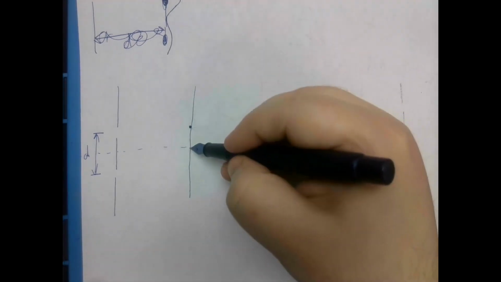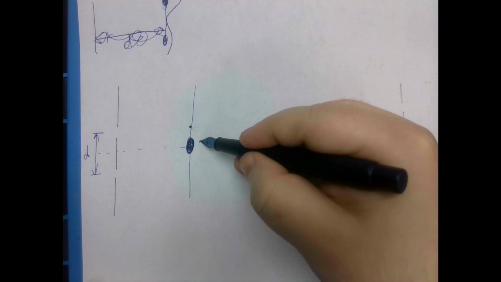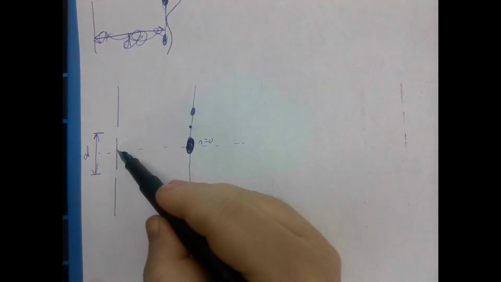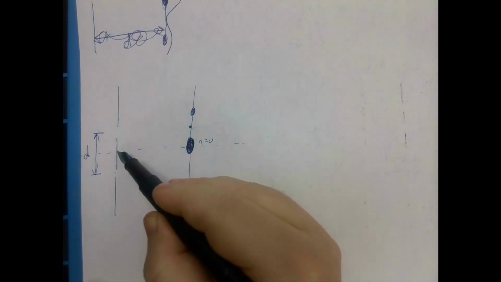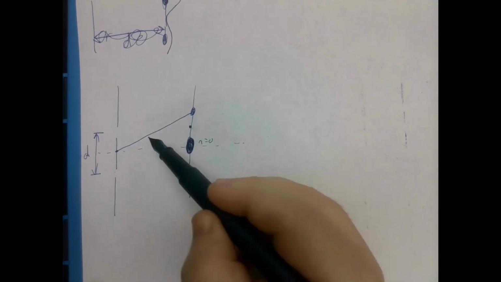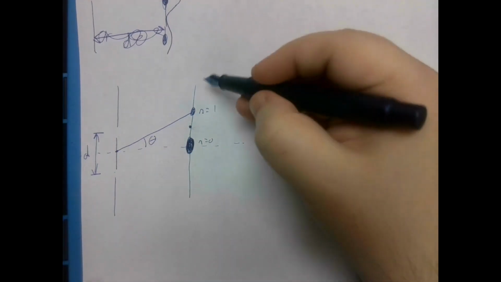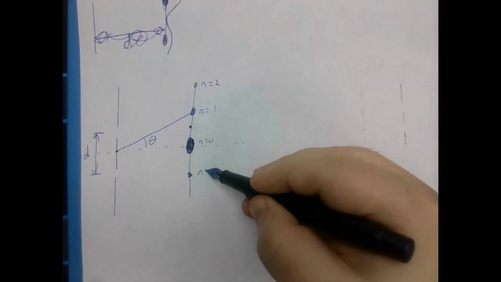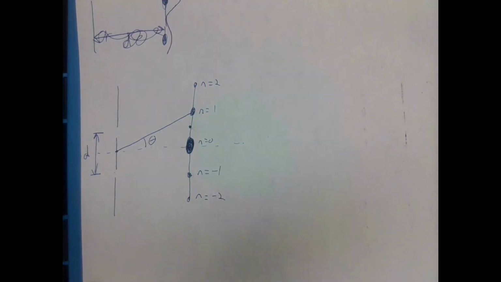And so we have a bright spot here. I'll call this n equals 0. I have a bright spot here. And these only work if the slits are very close together. So approximating the point in between them, I'm going to call this theta. And this will be n equals 1, n equals 2, n equals -1, n equals -2.